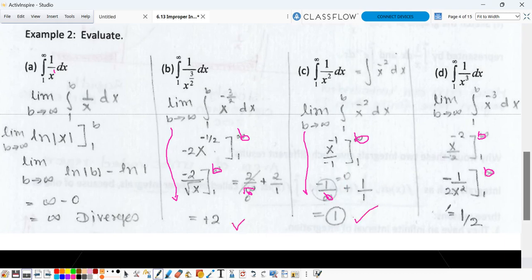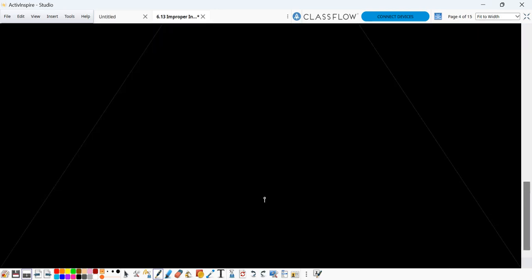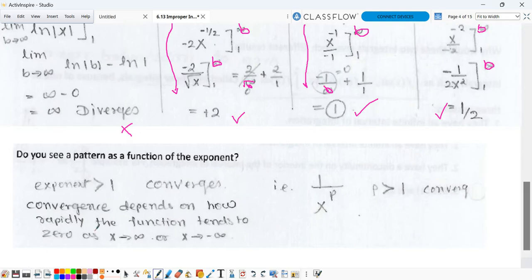Do you notice that these are all converging, except this one? So what do you notice here? The power is 1, and the power is increasing. You have to come up with the pattern. What is the pattern here? The exponent is greater than 1 in the denominator.